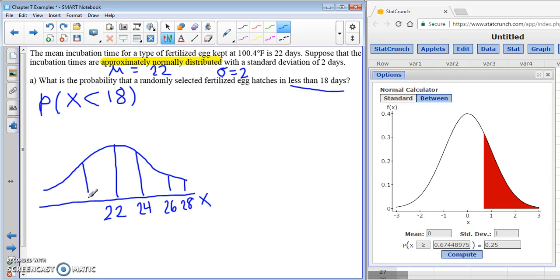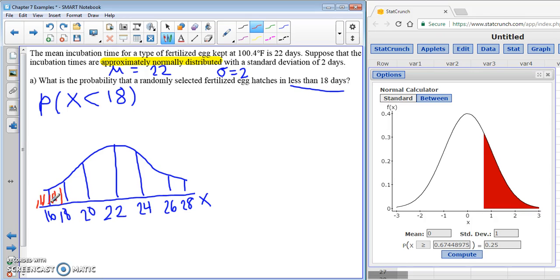And if we go down 3, 22 minus 2 is 20, minus 2 is 18, minus 2 is 16. We're looking at less than 18, so we're looking at this region here.